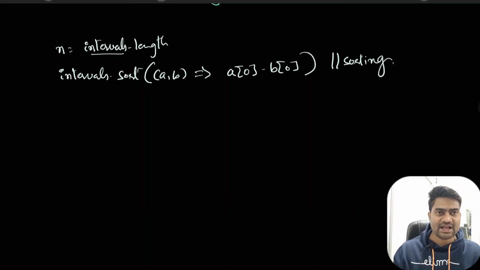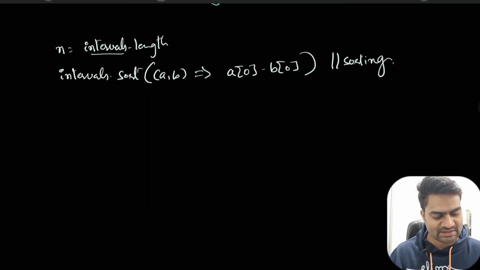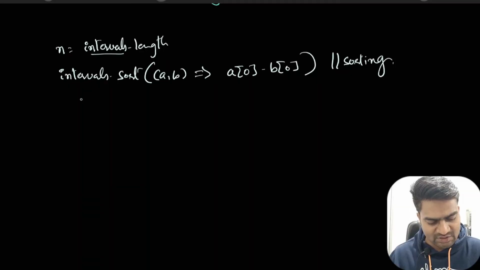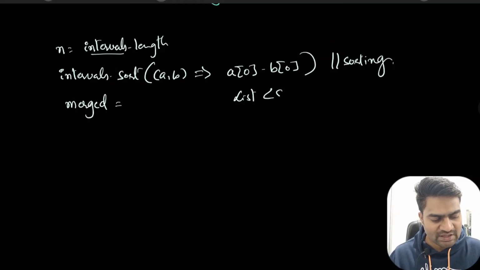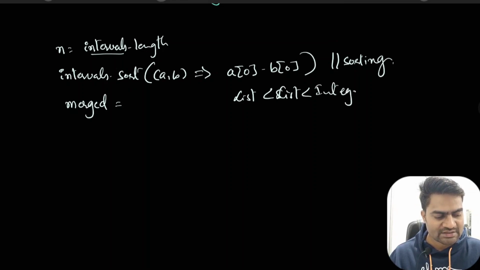Now once after this, we will simply use the merge interval technique. So for that, what I will do, I will take an array. So basically I will say it is a merged array, or you can also consider it as a list of integer arrays in Java.